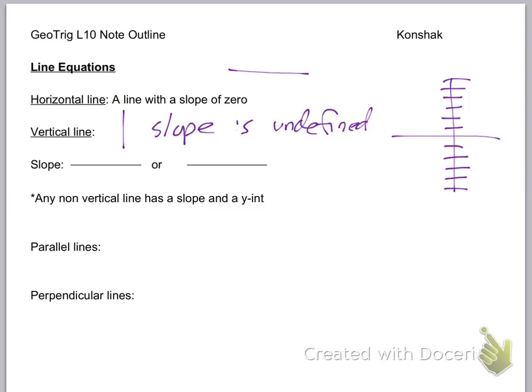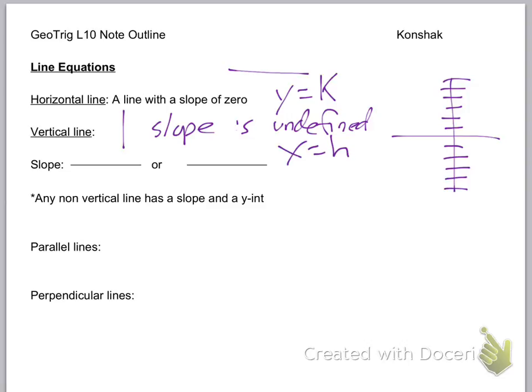They are all horizontal. So it's y equals k. And for a vertical line, x equals h.